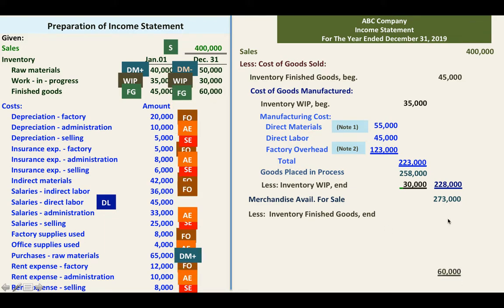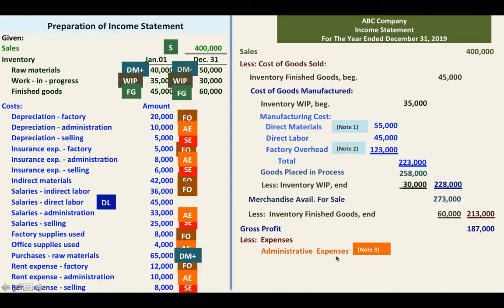So we will deduct that, and we will get the cost of goods sold. Here, sales less cost of goods sold will give you your gross profit, less expenses, and we have already made notes on administrative expenses. On note 3, the total of our administrative expenses is 65,000.